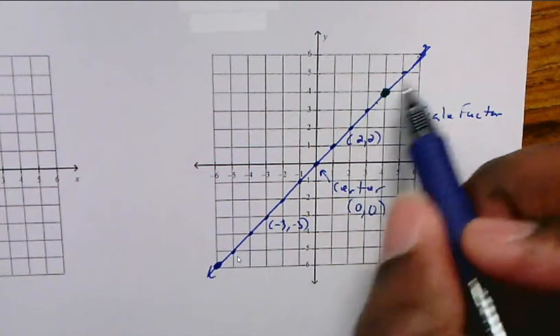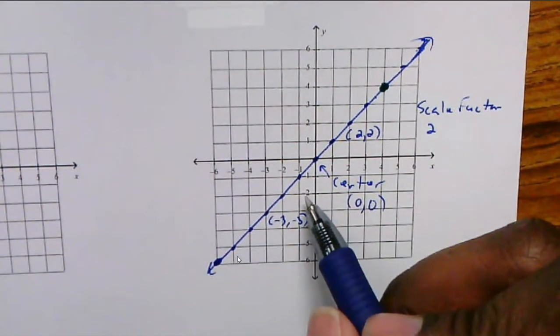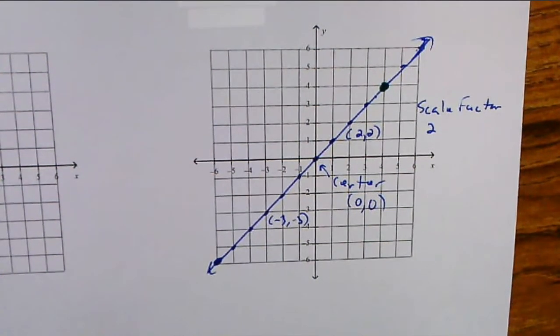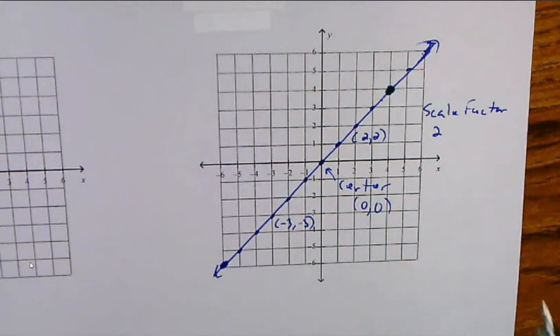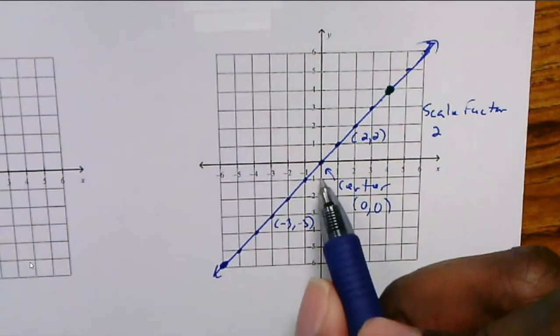That can keep going forever because this line goes on for infinity in both directions. Every time you do that, it maps the line back onto itself. So if a dilation maps a line passing through the center of the dilation onto itself, in this case the center was (0, 0).